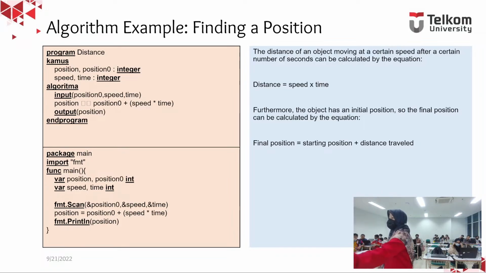And next, after we get the input from the user, we can calculate the later position based on this formula, and then the last statement is to print the result, with fmt.Println.